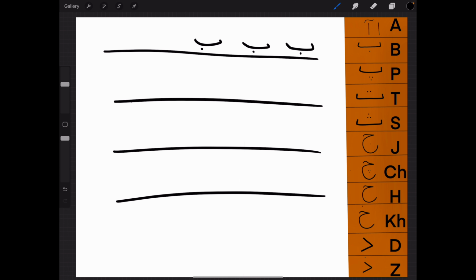Bay, bay, bay, and try to say it as you're practicing writing this. And then you move on to the next letters. That way, this is actually a nice practice for you to remember the shape of the letters and the pronunciation of the letters.